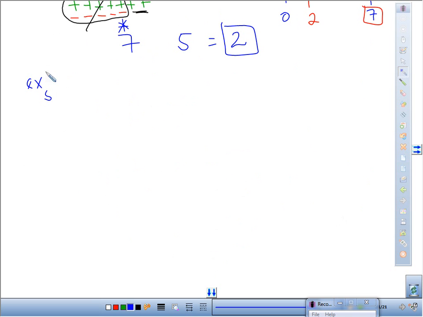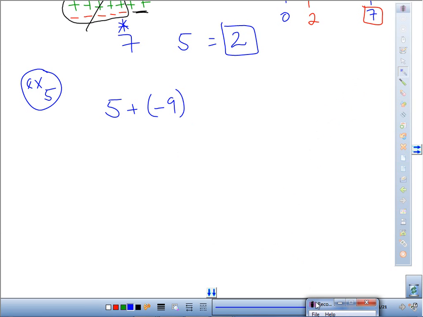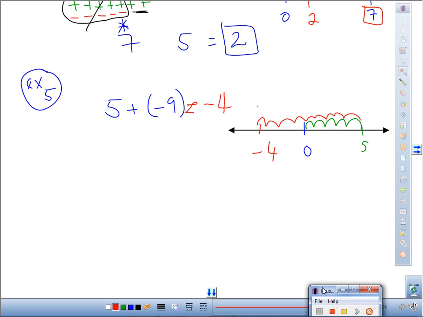Example 5. 5 plus negative 9. Is that for the number line?